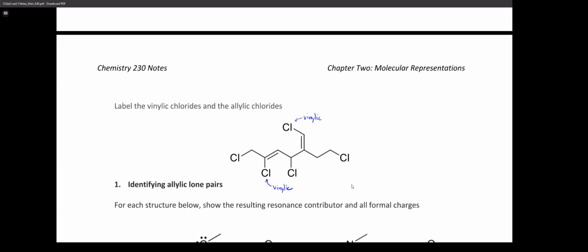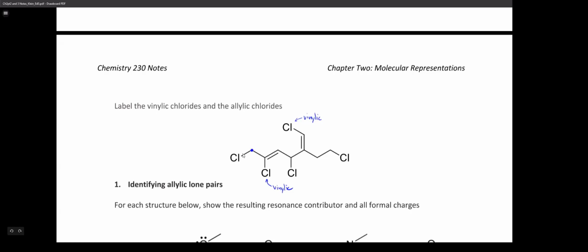Allylic is bonded to the carbon that is vinylic. So if we look here, this carbon right here is vinylic, right? The one I just colored in blue. Because it's bonded to a double bond, okay?